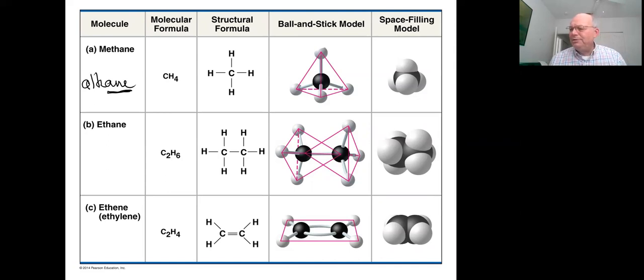But notice too that the name of the molecule has changed. We still have the ETH because it's still two carbons linked together, but now we've got a new suffix, ENE, which tells us that there is a double bond in the molecule, and this forms the beginning of a family called alkenes, where the ENE says there's a double bond in there.